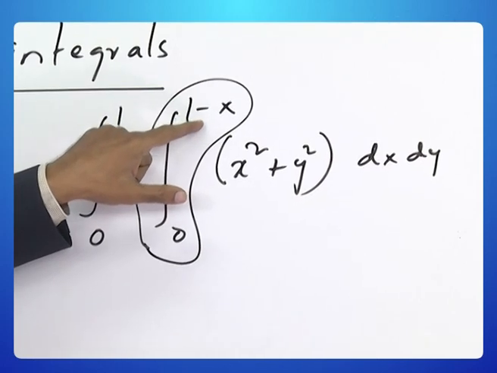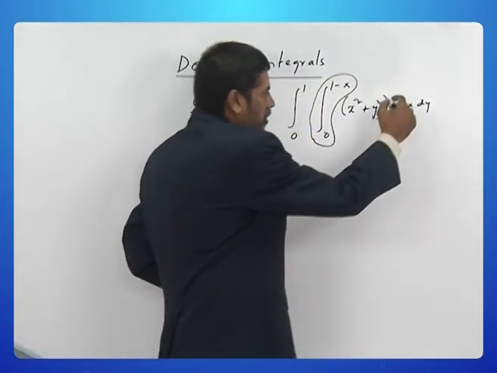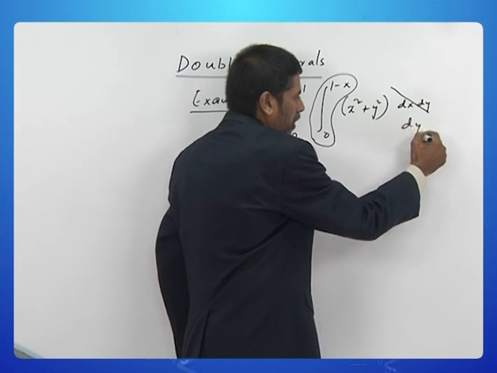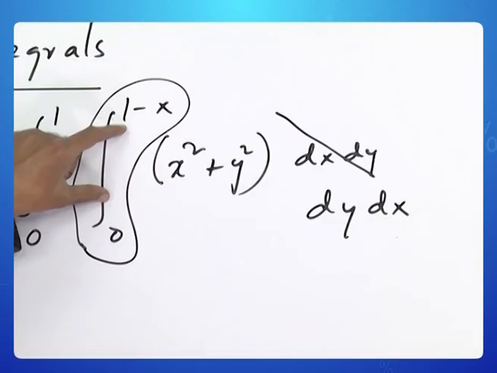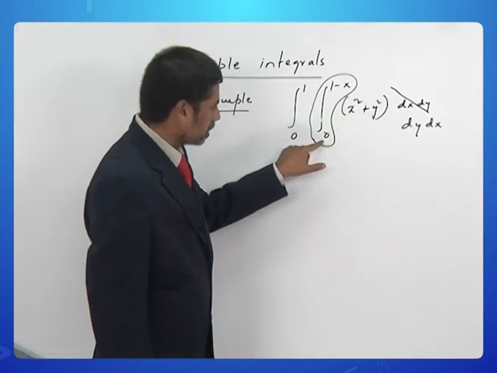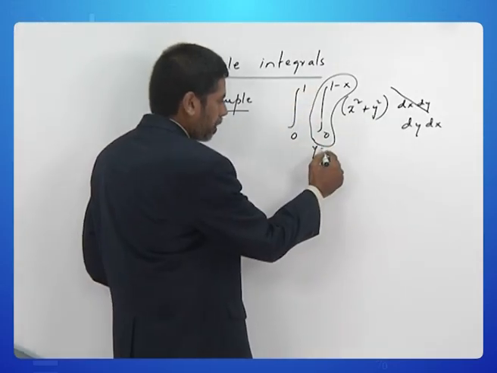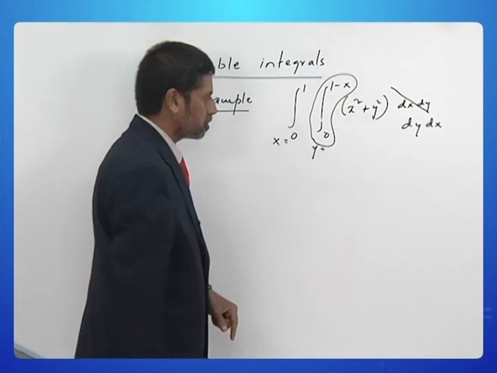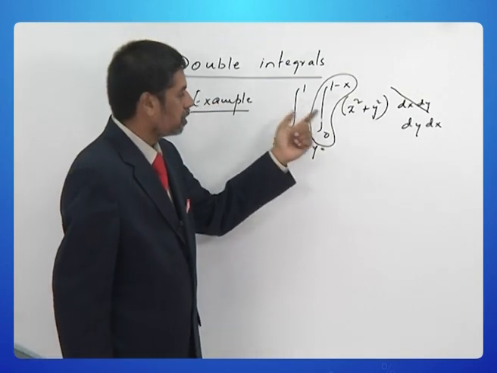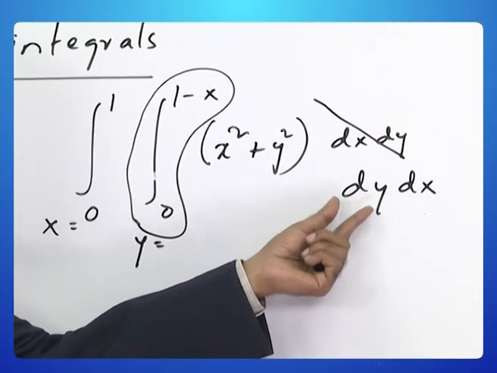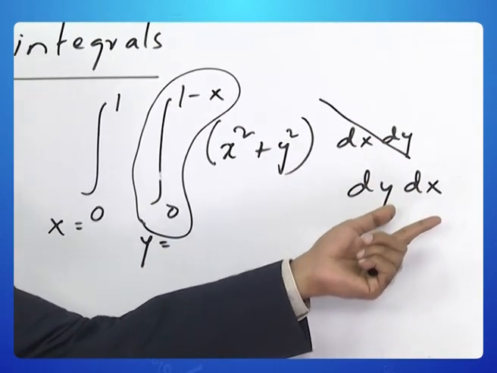When you have a function of x here, then you must change this order in the reverse direction, dy dx. So when you have functions of x here, these represent the limits for y and these represent limits for x. All of us know there are geometrical reasons for that. So therefore the first integration will be with respect to y and then with respect to x.